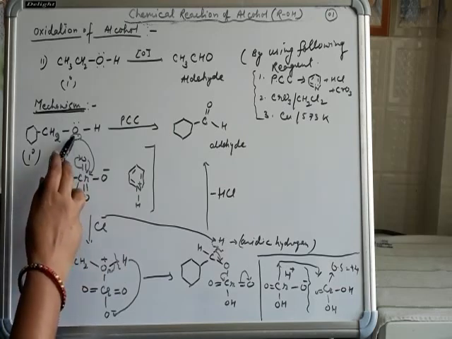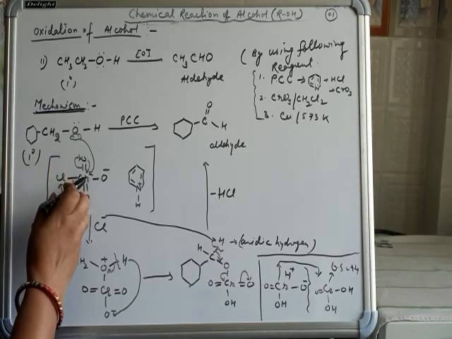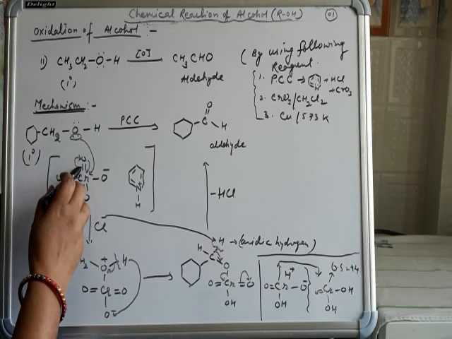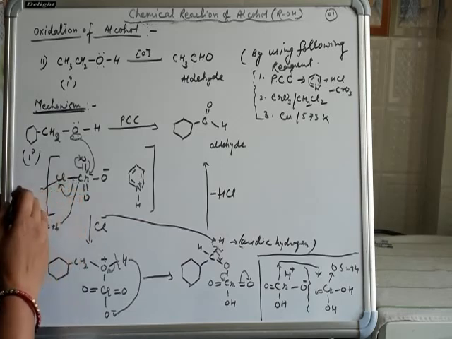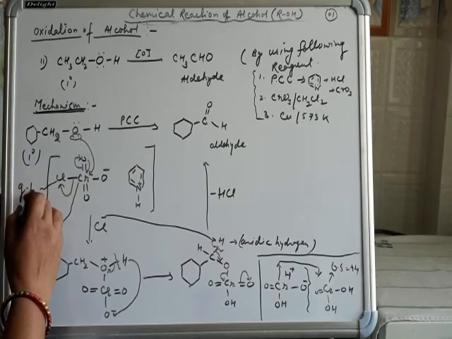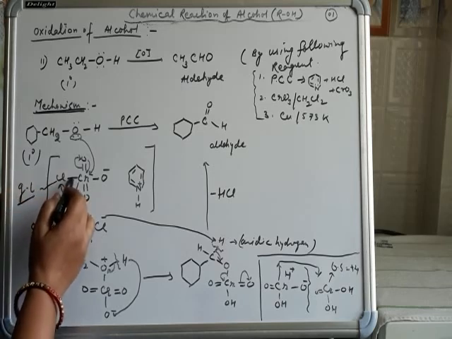At first, oxygen donates its lone pair to the chromium. Simultaneously, the pi electron shifts towards the oxygen. When this electron comes back towards the chromium, a good leaving group, chlorine, we know that chloride is a good leaving group, is removed from here.